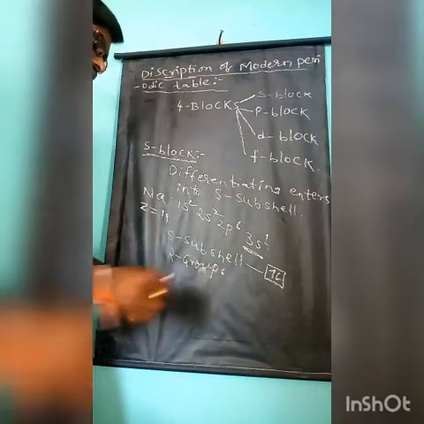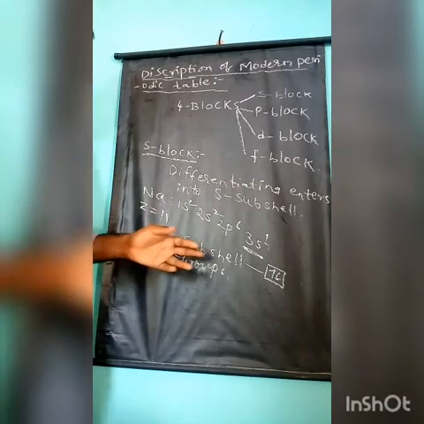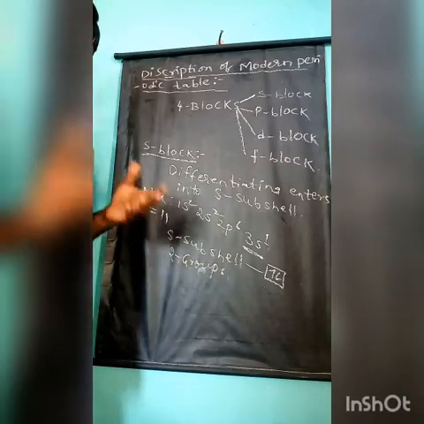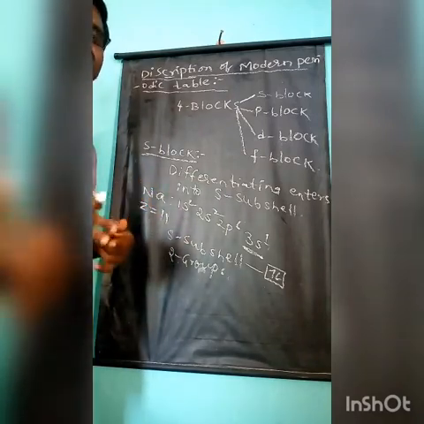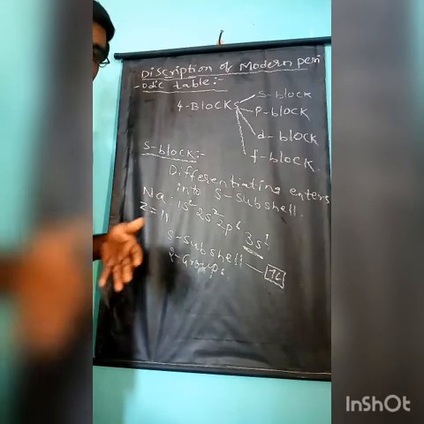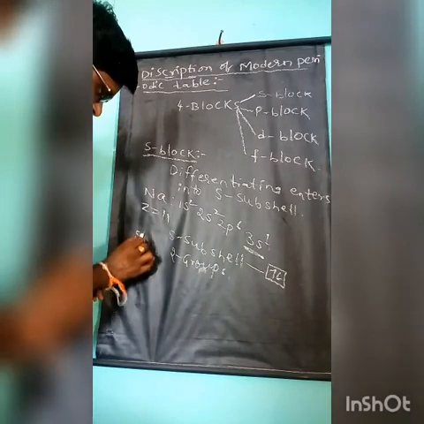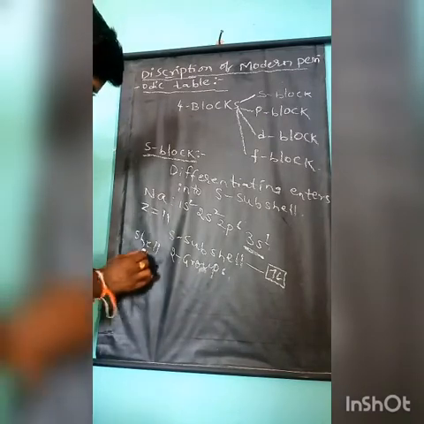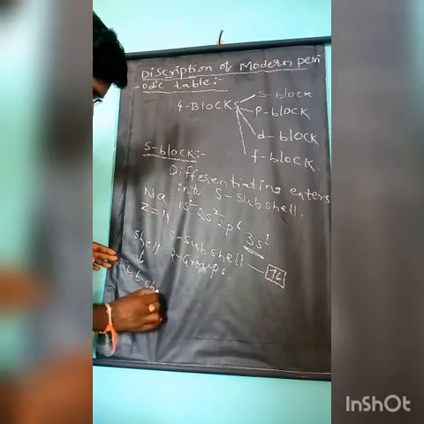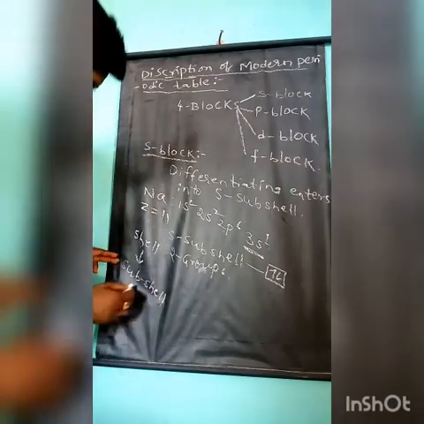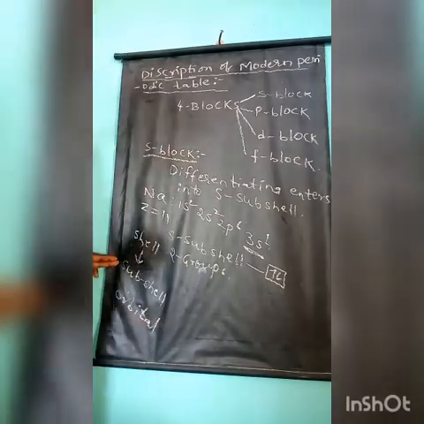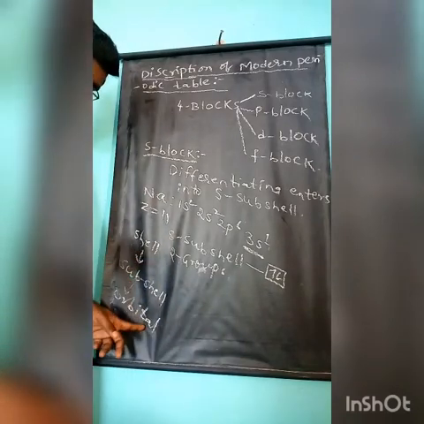Do you know the meaning of shell, subshell and orbital? For example, in a house, almirahs are there. In almirahs, books are there. So the house is considered as a shell, almirahs are considered as subshells, and books are considered as orbitals.